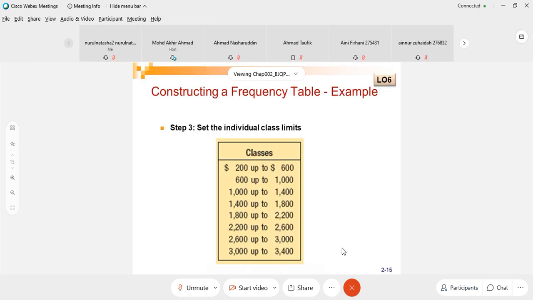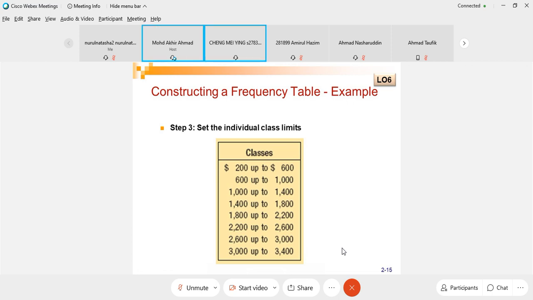Okey. Kita tanya Cheng Mi Ying. Okay, Cheng Mi Ying, morning. In step number 3, mengapa kita ada 8 kelas? Sebab K itu sama dengan 8. Betul. Sebab kita K equal to 8, why we develop 8 classes. Okay, 1, 2, 3 until 8.